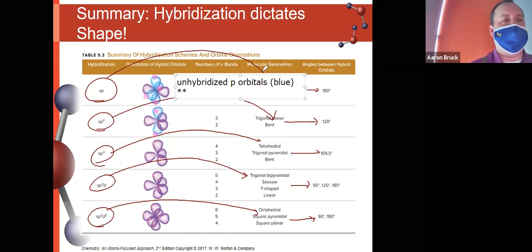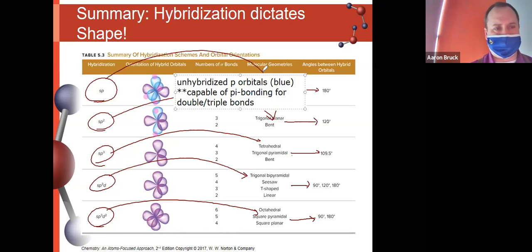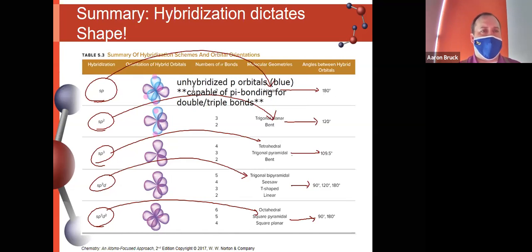And these are the ones that we would see that have capability for doing pi bonding if there were a double or a triple bond present. Pi bonding exists in unhybridized p orbitals in the molecule.